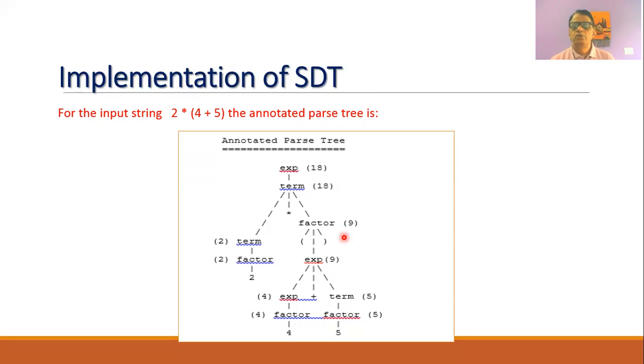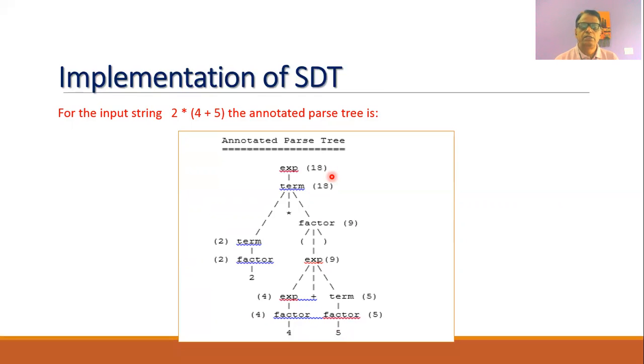So one can easily observe that in the brackets, what we have written is the translation value. The translation value is computed automatically as the corresponding production rule is executed. And therefore, you will find that this term translation value will be 18, and finally we will have the expression translation value as 18.